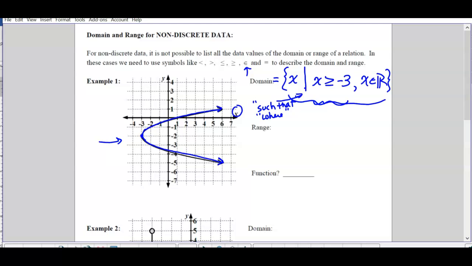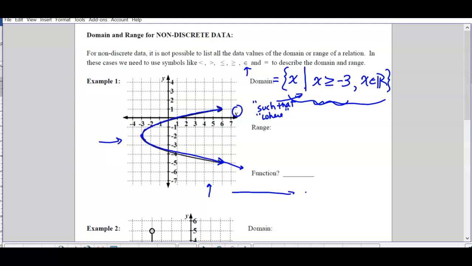Take a look at the range. My smallest y value as I'm going up, well, this arrow is going down and to the right, so way over here there's a point. So this goes from -infinity all the way to +infinity. These arrows can go forever.